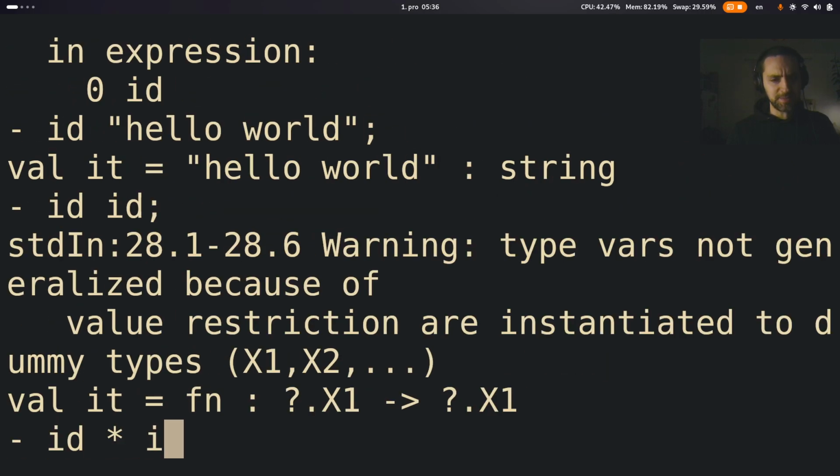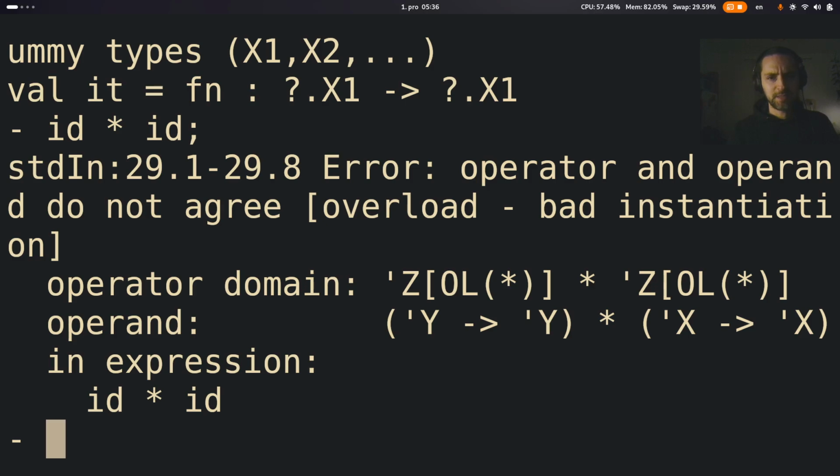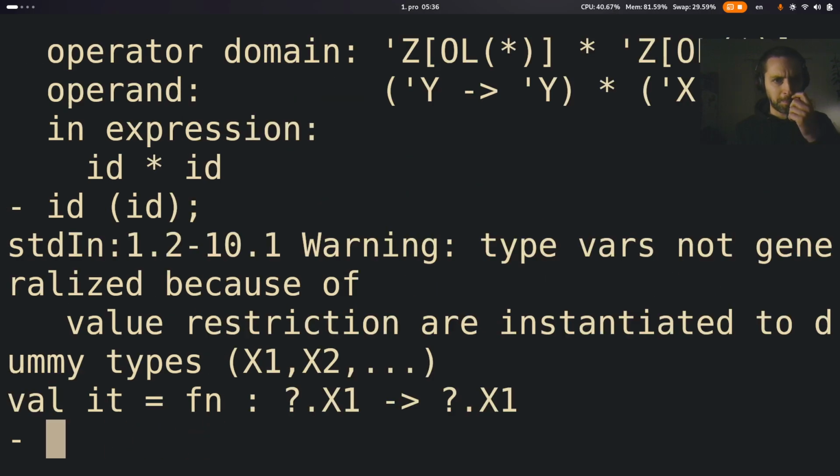Could you do id times id? Operator domain? No. But you could do it like this, I think. So how do you apply identity to identity itself without giving it something?